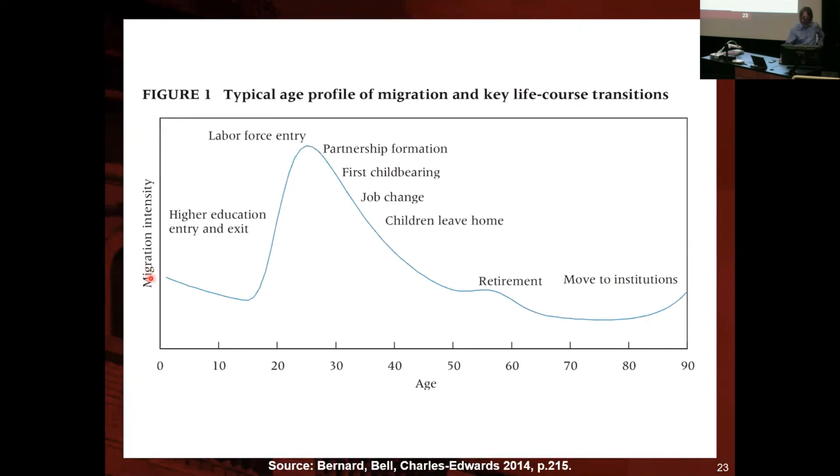So you see here, usually the migration rates of children mirror the migration rates of their parents. In this specific example the slope is not so similar.